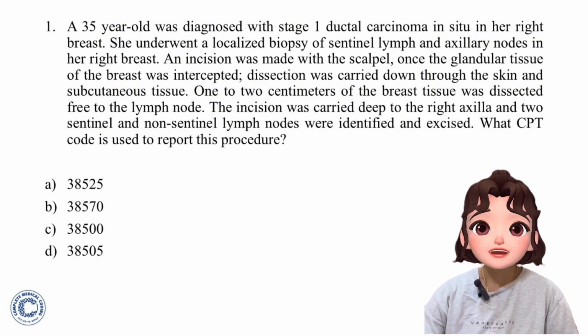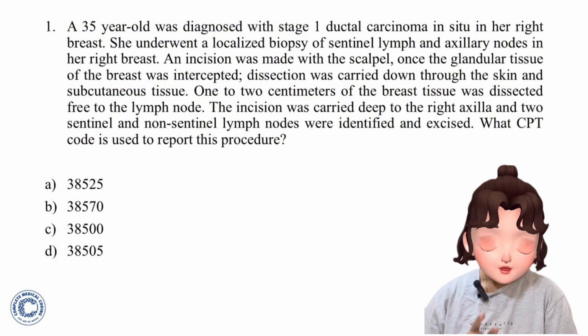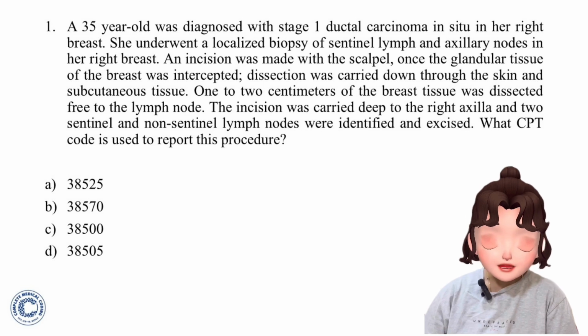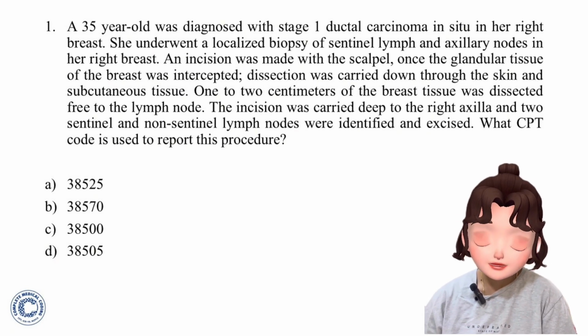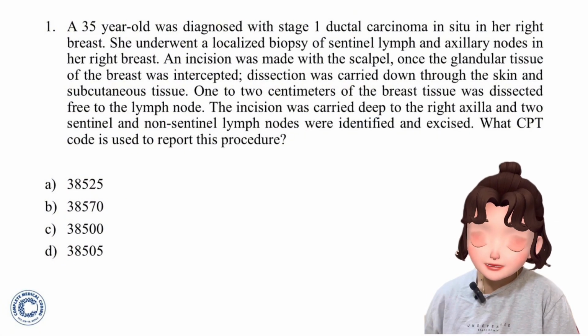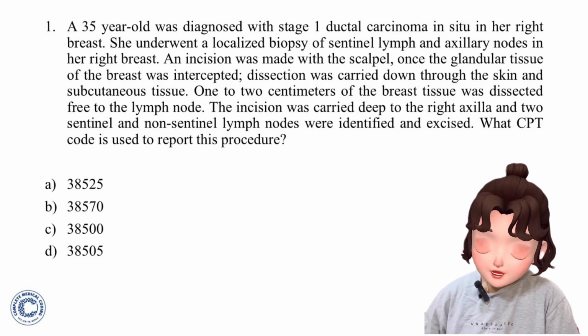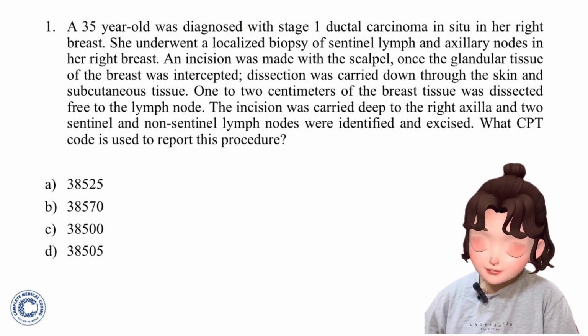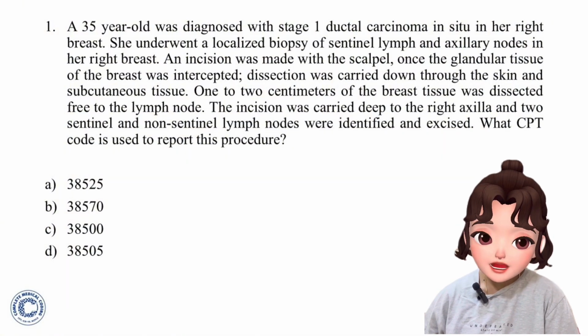First option, 38525. What is the description for the first one? 38525 is biopsy or excision of lymph nodes, open, deep axillary nodes. What is 38570? The second option, 38570, is a laparoscopy code: laparoscopy, surgical, with retroperitoneal lymph node sampling, also known as biopsy, single or multiple.